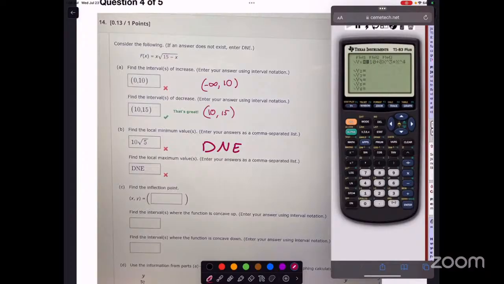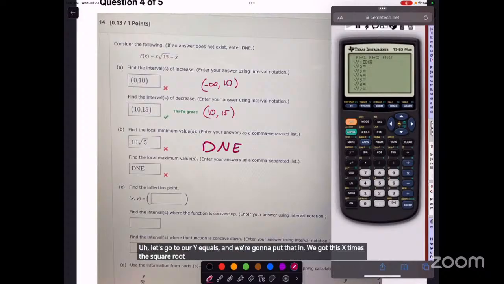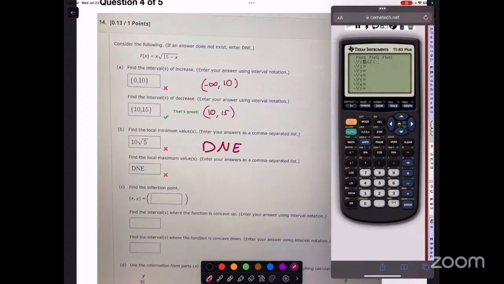So let's go to our y equals, and we're going to put that in. We got x times the square root of 15 minus x. We want to evaluate this when x was 10. Okay, we got a value, 22.36.